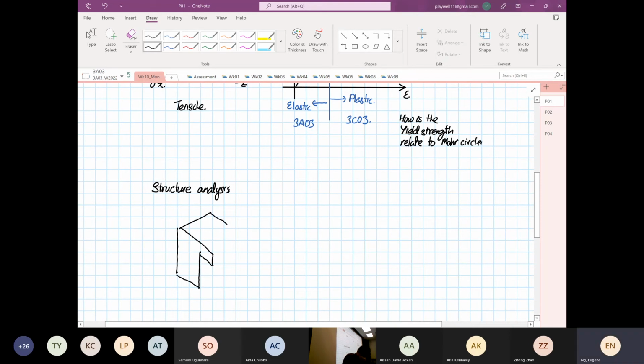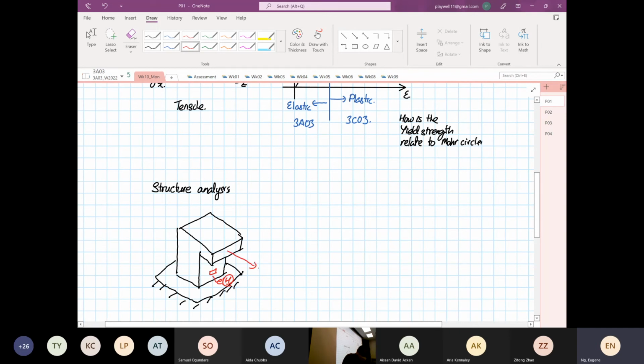Maybe this is not a very well drawn structure, but anyway. So we have a structure over here, then we have a base, built in, then we have our element. The element is the point of interest. Okay, this is our element H, for example. Then we have our forces down here.